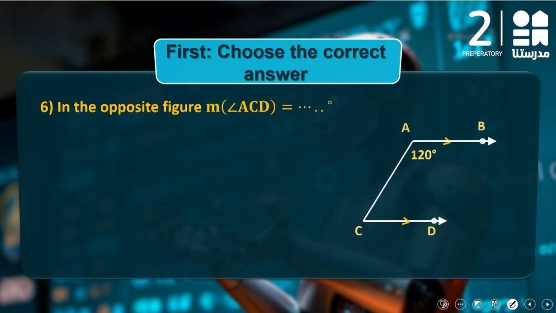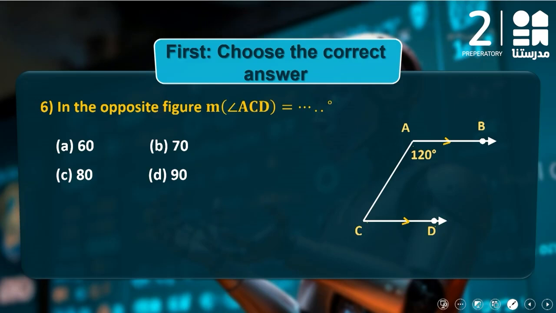Question number 6. In the opposite figure, what is the measure of angle ACD? Again, what is the measure of angle ACD? Here we have ray AB is parallel to ray CD, and we have a line segment AC is transversal.